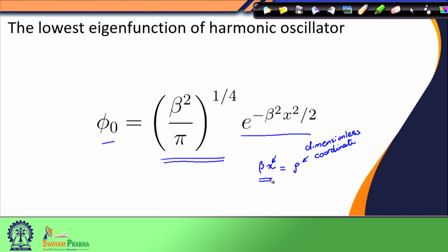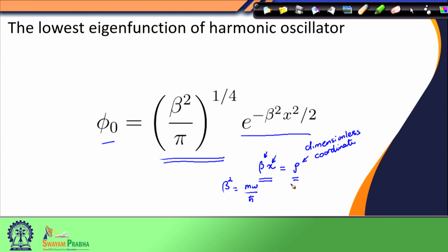And how are we going from the dimensional coordinate to the dimensionless coordinate? By multiplying x with this beta, which, just to remind you, beta squared is m omega divided by h bar. So, by multiplying this factor with the dimensional coordinate x, we get this dimensionless coordinate.